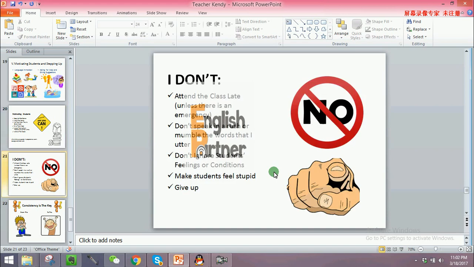For example, if they feel bad, like maybe it's obvious that they're suffering from colds and they cannot concentrate or answer the questions well, I don't get mad or get impatient with them, but I always try to understand their situation.